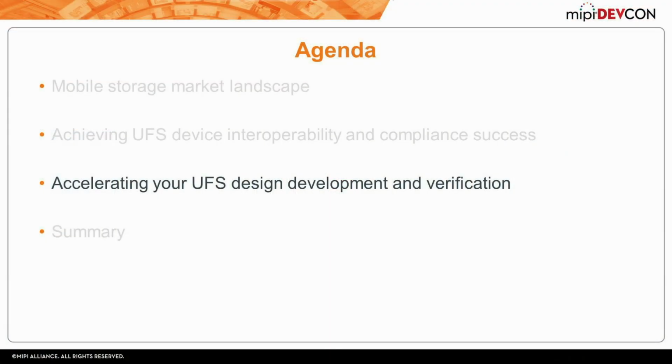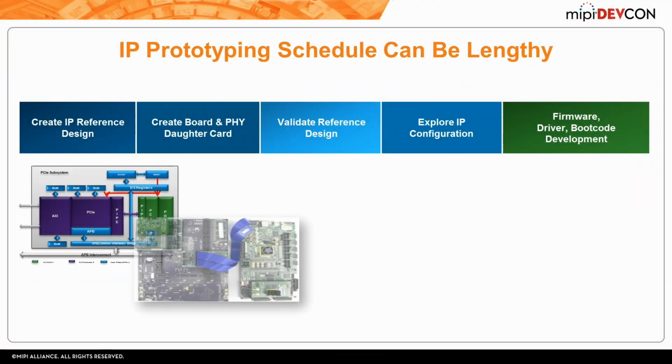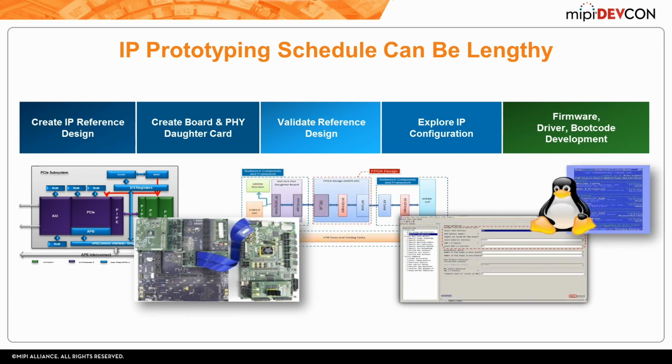So let's look into how we can accelerate your UFS design development and verification. In a prototyping solution, this is the normal schedule. But this is assuming that you already have a known working IP that you will integrate and that you have a PHY.